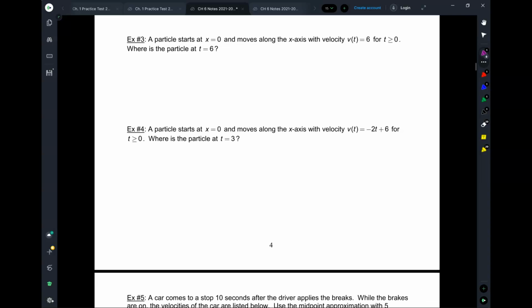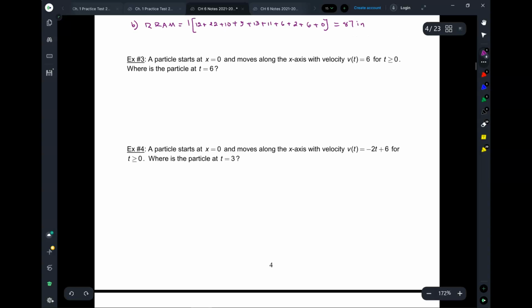A particle starts at x equals 0 and moves along the x-axis with velocity equals 6 for t greater than or equal to 0. Where is the particle at t equals 6? Okay, so v of t is equal to 6. So the way this looks is this.